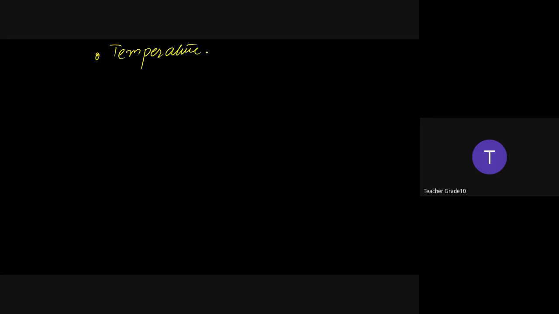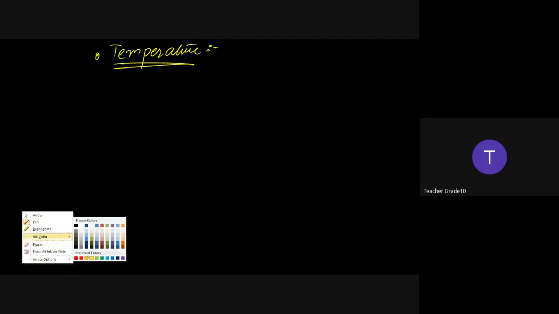Then the second one is temperature. Actually, temperature depends on two factors. Number one is exothermic reaction, and number two is endothermic. So it all depends on which type of reaction you have. If you have an exothermic reaction, you know that heat is released in this reaction.